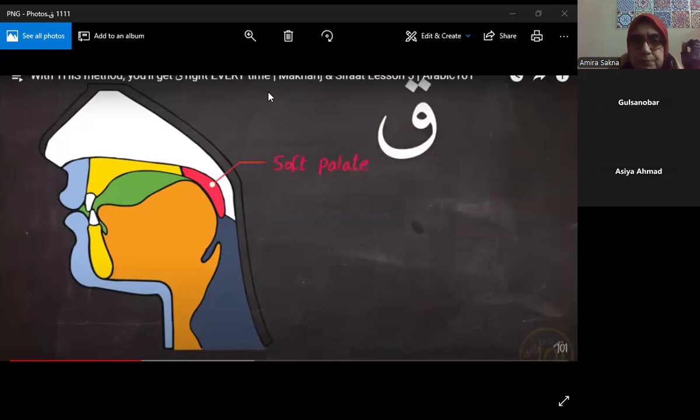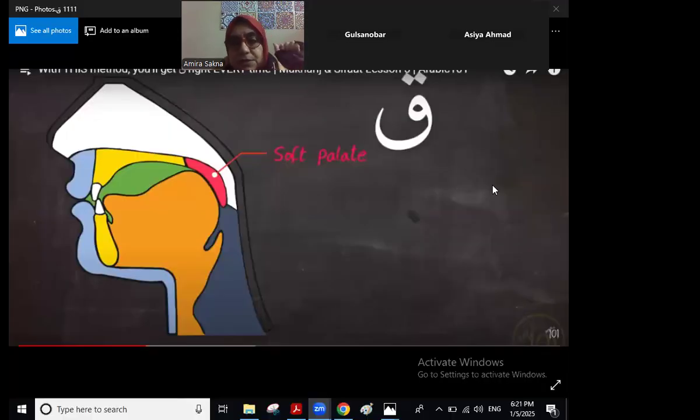My dears, if you are facing a problem in producing letter qaf, I will show it again. Yes, you can see. If you are facing a problem in producing letter qaf, you can try to pronounce it in a laying back position, as we tried this before with ghain and ha.